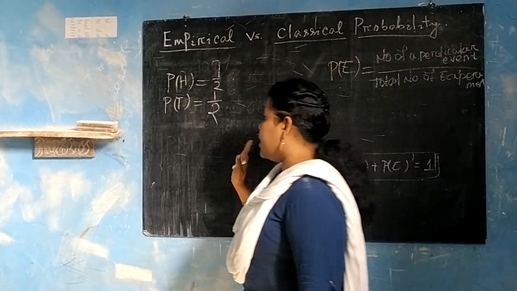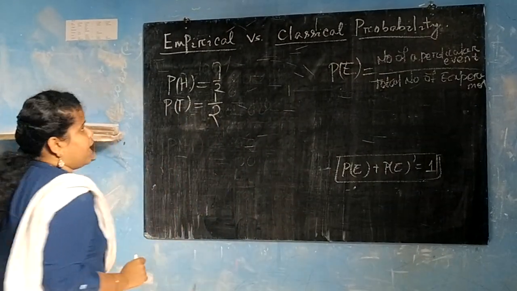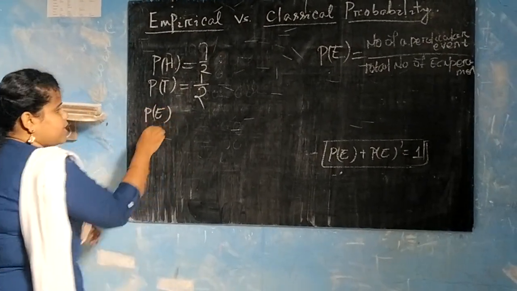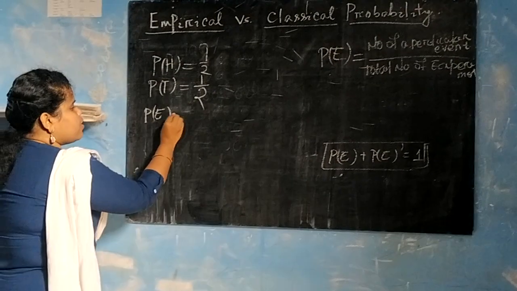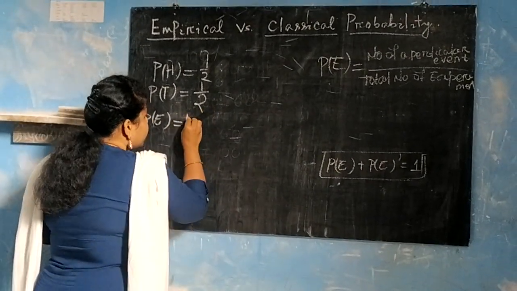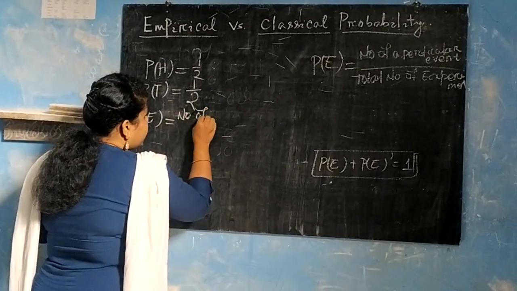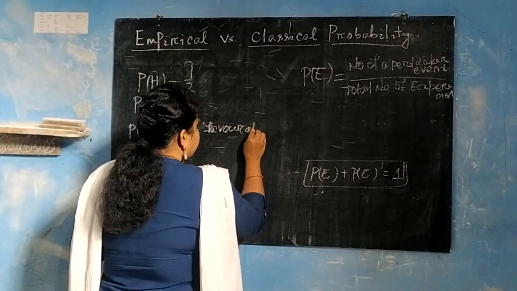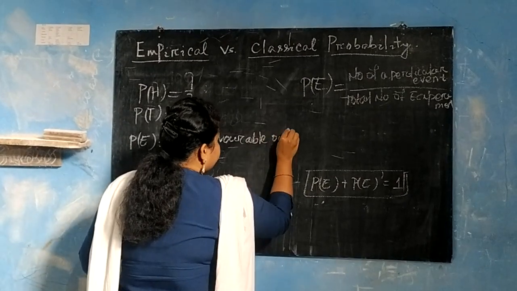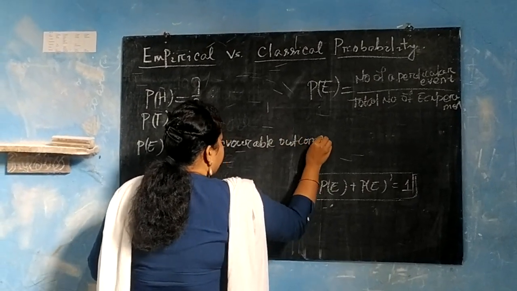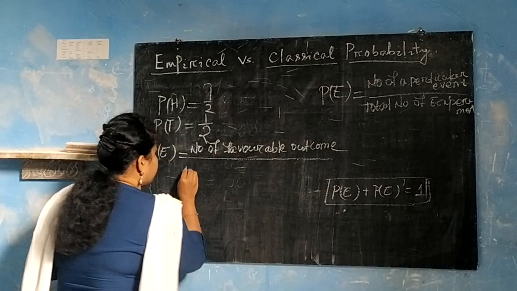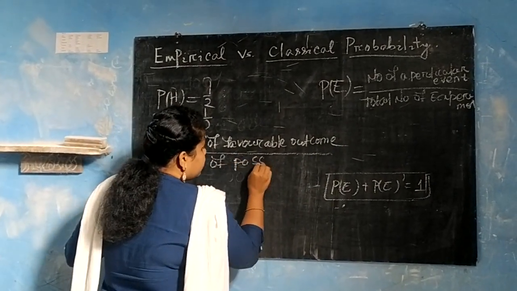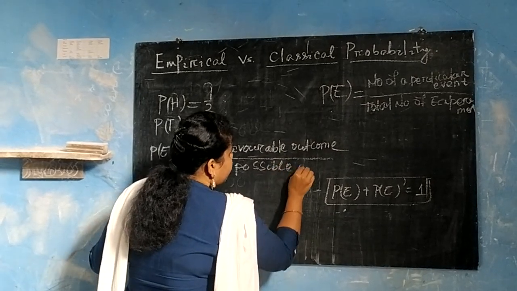So here we obtain the formula to find the classical probability. P(E), the probability of an event, is equal to the number of favorable outcomes by the number of possible outcomes.